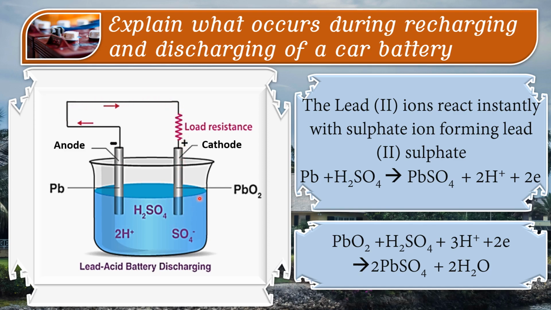Now at the cathode, these electrons are going to find lead 2 oxide. They will hand over the electrons, and then lead 2 oxide will be reduced to lead 2 ions, which will react with sulfate, and they will end up forming lead 2 sulfate.